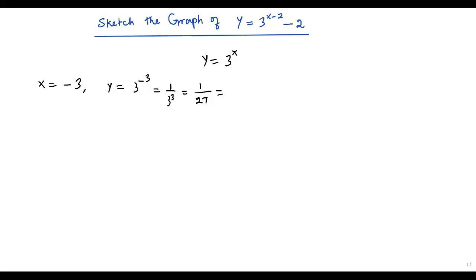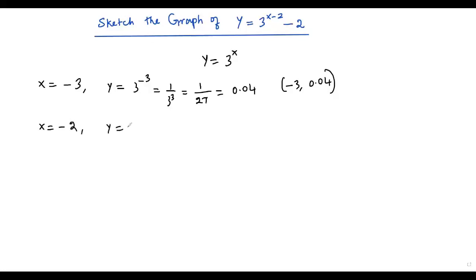When I divide 1 by 27, I get approximately 0.04. So the first point is (-3, 0.04).